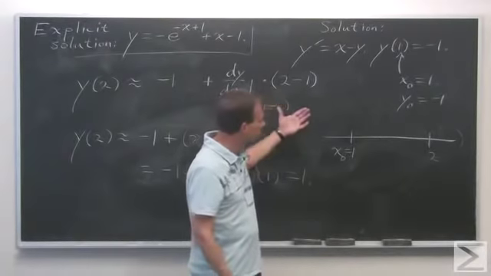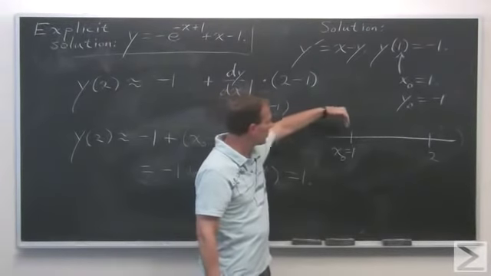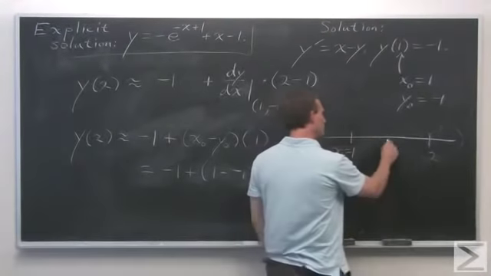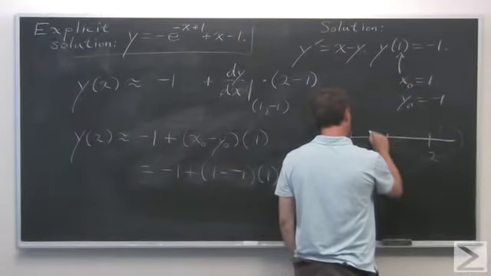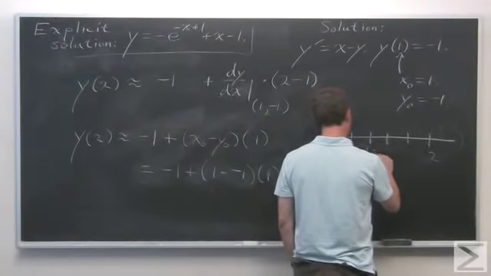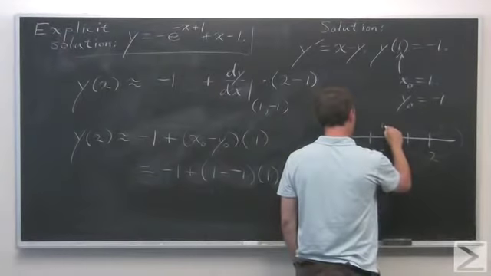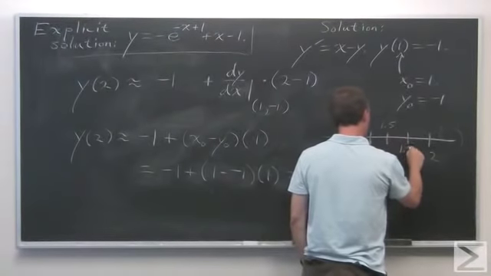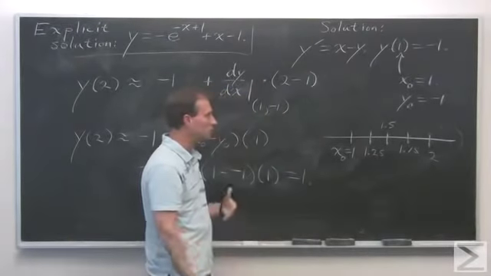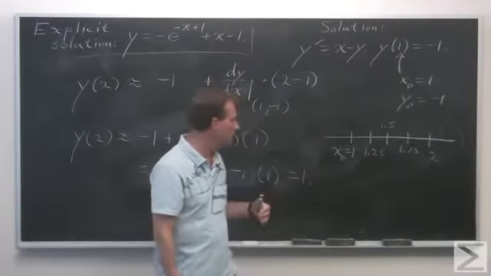We just did linear approximation and jumped from the value here to the value here. Well, you could divide this into subintervals and maybe go to 1.25 and then to 1.5 and then 1.75, so that the difference between each x coordinate is 0.25. Now your x values are closer together.